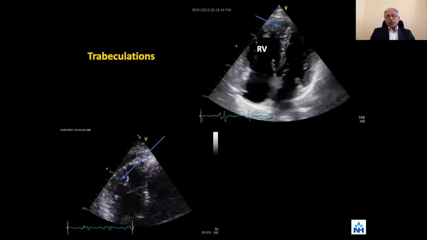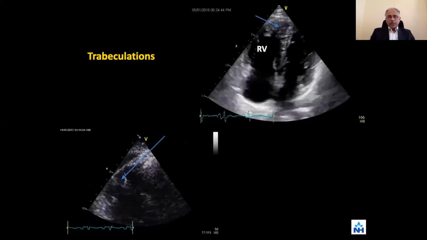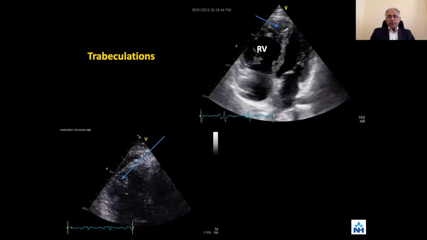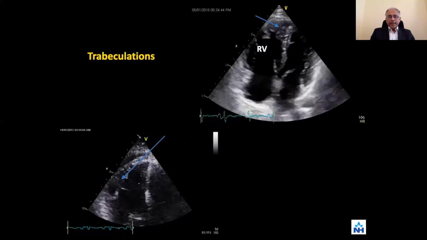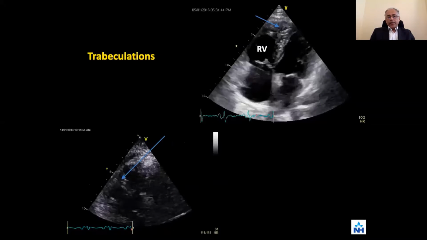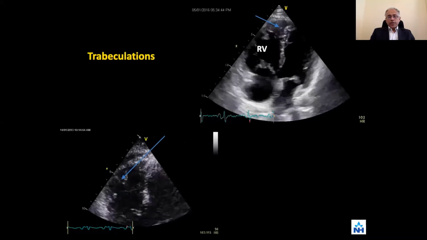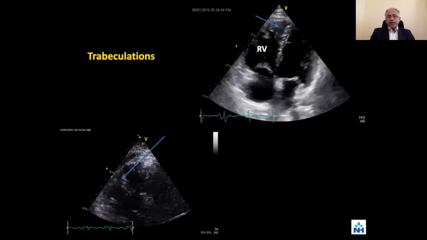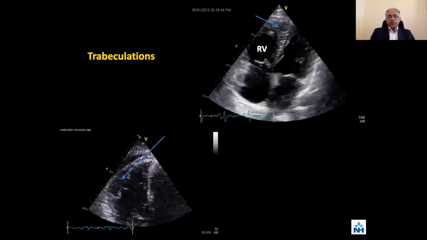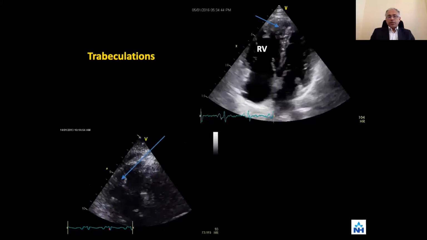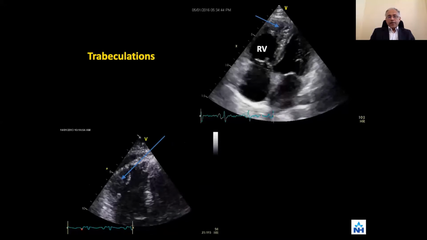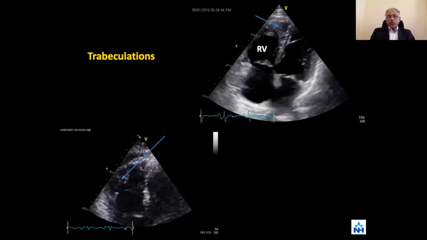If you go a little off axis, you turn your probe a little bit and make it a little anterior in the transthoracic echo, you start to visualize the trabeculations. So you can see a lot of trabeculations, especially towards the apex, and towards the RV free wall also.